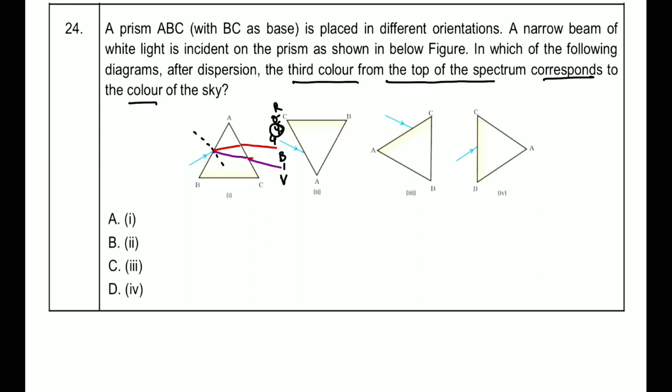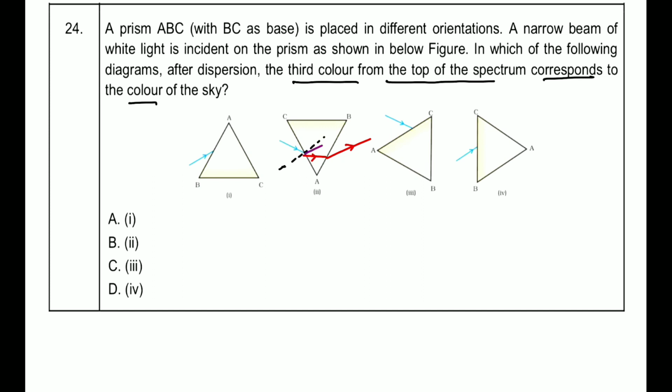Let's look at the second option here. I'll just erase this part so that you are not confused. In the second one, this will be the normal, yes or no? If that is the normal, then very nicely we say that the red color will deviate less, and it will go like this, right?